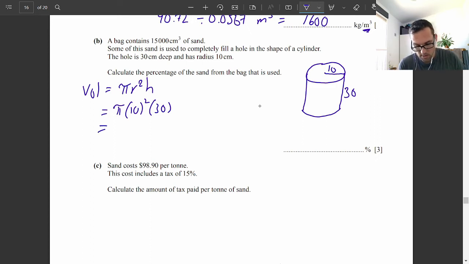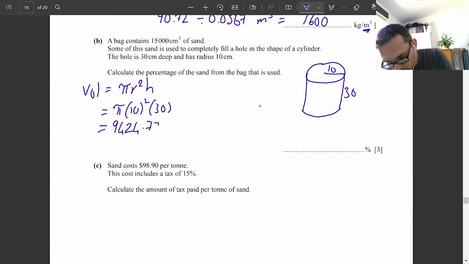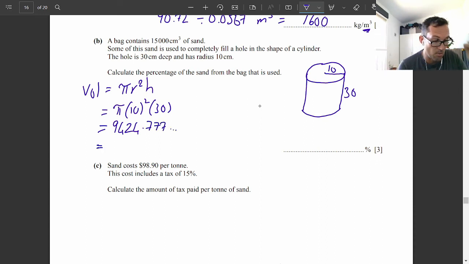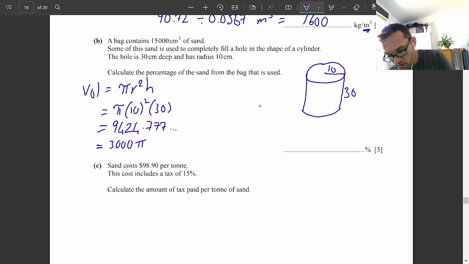Slot that into our calculator. Okay, which gives us 9424.777. Don't round the answer yet because we want it to be as accurate as possible. So we can also leave it as 3000 pi, which would be even more accurate.